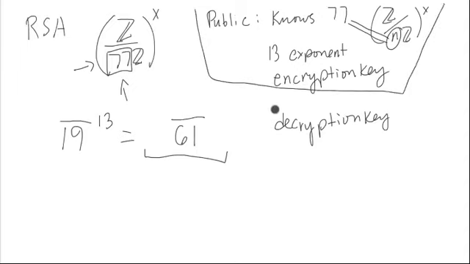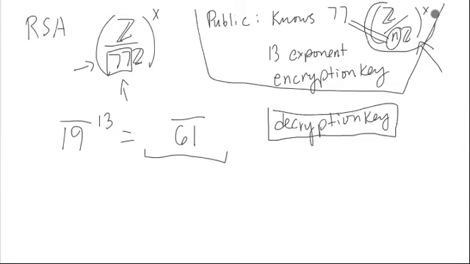However, one can find this if they know how large this group is. The multiplication group, where we take out anything that doesn't have a multiplicative inverse. So if we know that, we can actually find the decryption key.